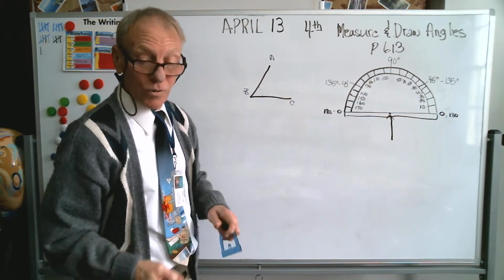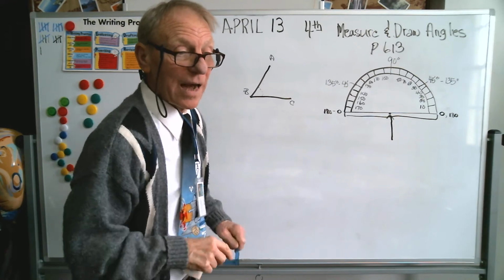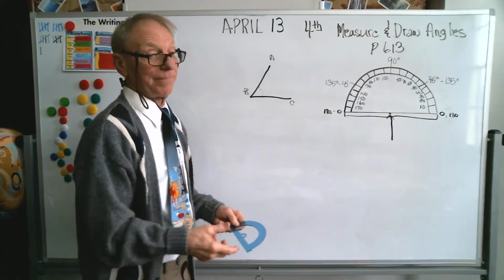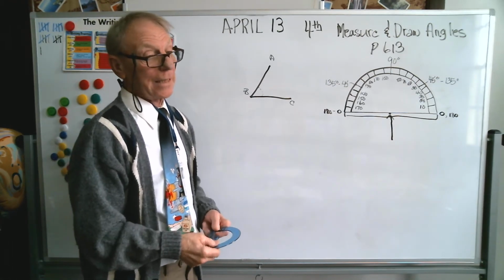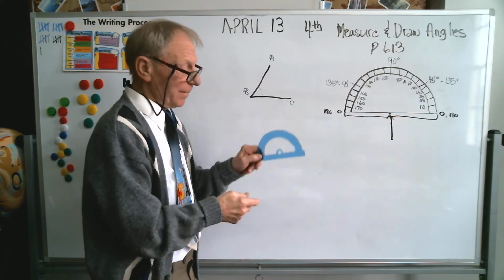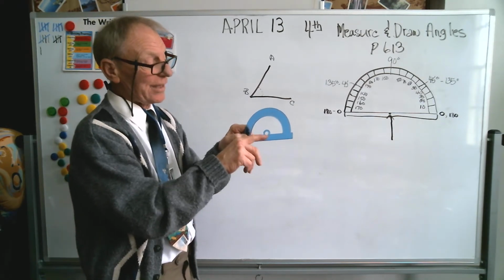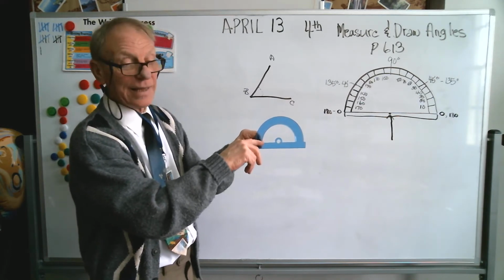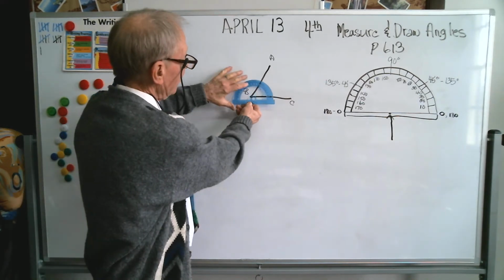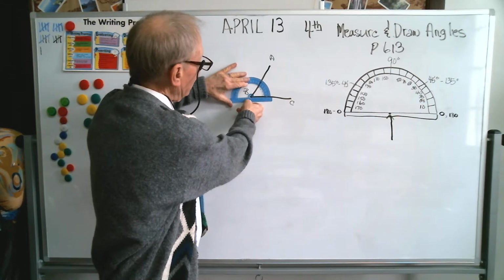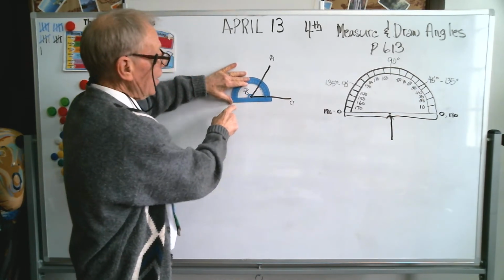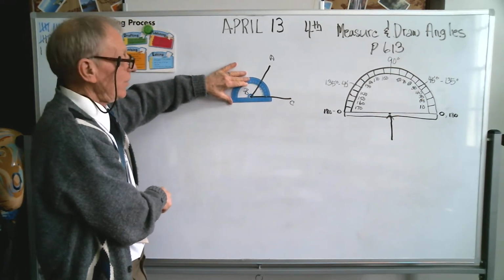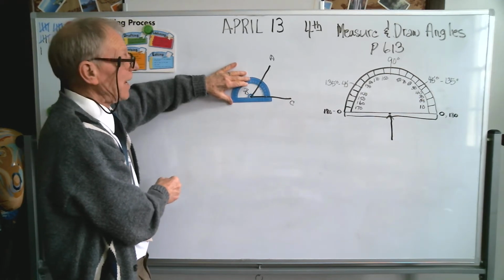So you take your protractor, and hopefully you've got one at home. If not, I don't know what to tell you. But if I look at my protractor, there's a center spot, and I see where the 0 is that I have to line up. So I put this right on the center spot, right on the vertex, or point B, of this angle.